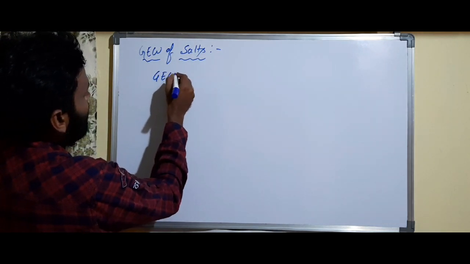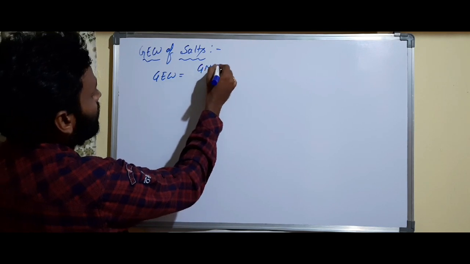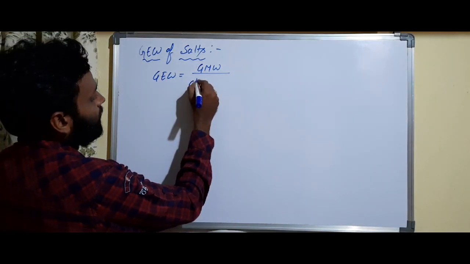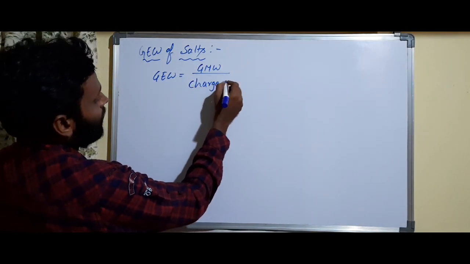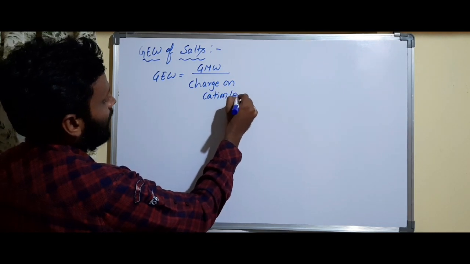So gram equivalent weight for salts is equal to gram molecular weight divided by the charge on cation or anion.